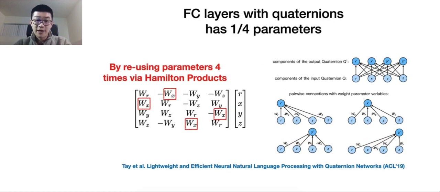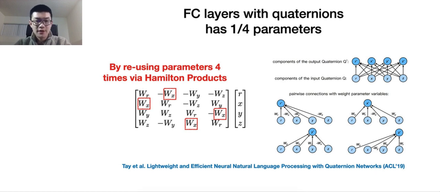Note that the FC layers with quaternions have only 1 over 4 parameters in comparison with their FC layer counterpart. As you can see in the matrix form on the left, this quaternion trick can reuse the parameters 4 times via the Hamilton products.